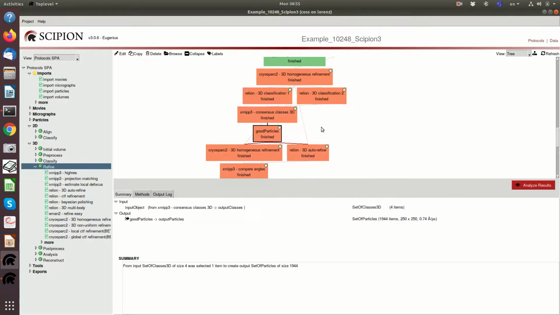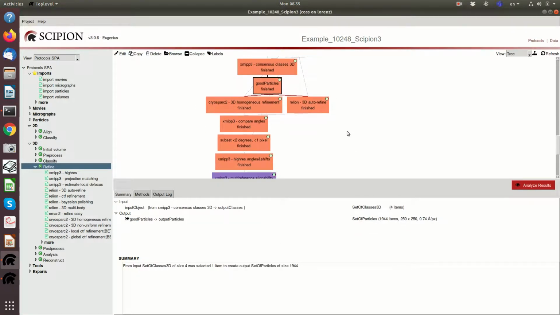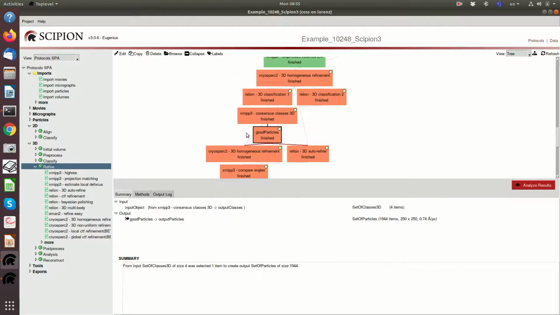You could keep on cleaning further and further, but for this tutorial let's keep the workflow simple. At this point we will not clean further. You could try, but in this particular case it doesn't separate the images anymore.